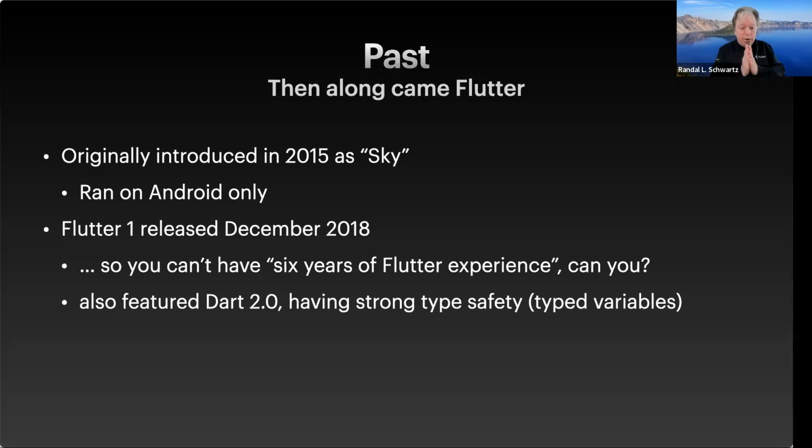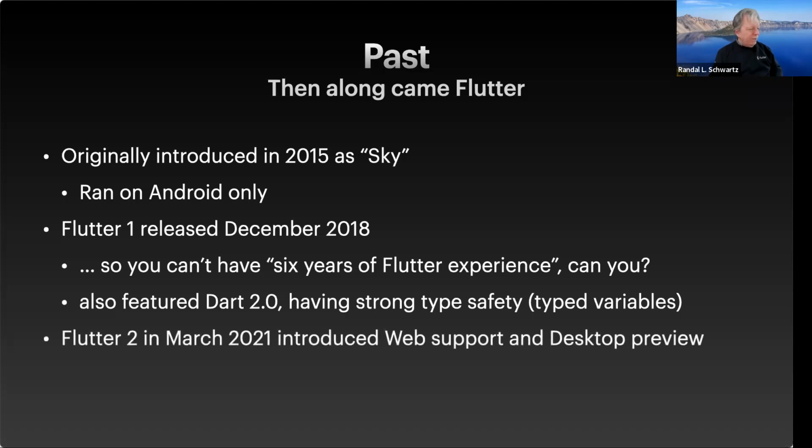Dart 2, though, in order to actually make it possible to do the kind of speed and services that Google wanted to get to, introduced strong type safety. And what that means is that the variables themselves have types. So now we can see that we're trying to put a non-integer into an integer variable, and it can blow up at compile time. And this is definitely a step upward. And it's only one of the two major jumps that have been made. I'll get to the other one in a second.